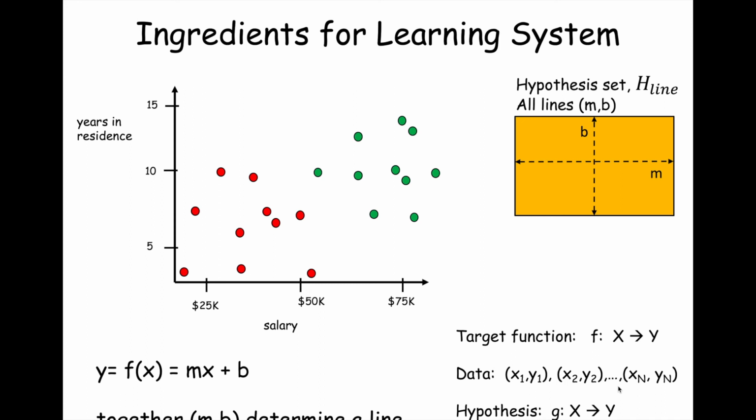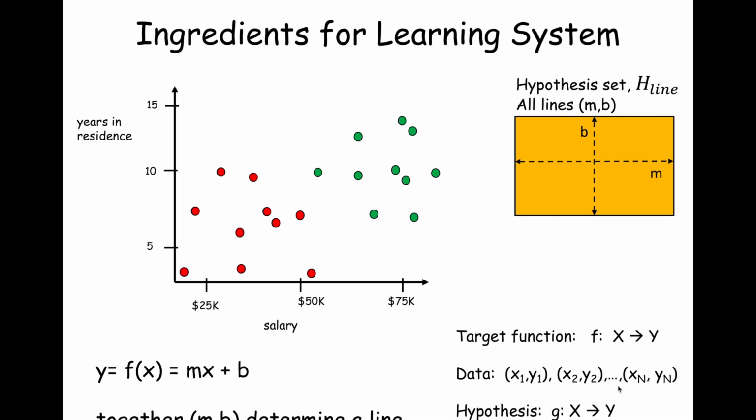So here we have a definition of a hypothesis set. Along the horizontal direction, that represents m. M can be small, m can be large. If it's further away from the origin, it's large. If it's closer to the origin, it's small. If it's to the right, it's positive. If it's to the left, it's negative. That's our slope.